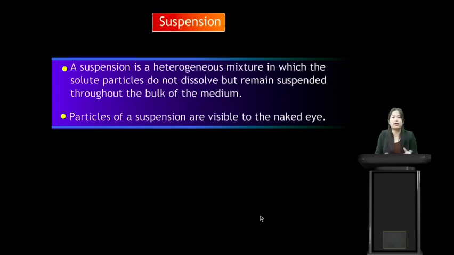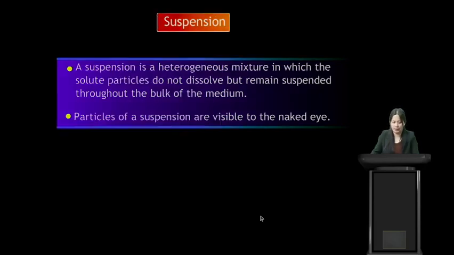Or when you take sand with water, it does not dissolve. But it remains suspended in the water. Such types of mixture are known as suspension. We can see the particles of sand or soil or wheat flour in the water. So particles of a suspension are visible to the naked eye.